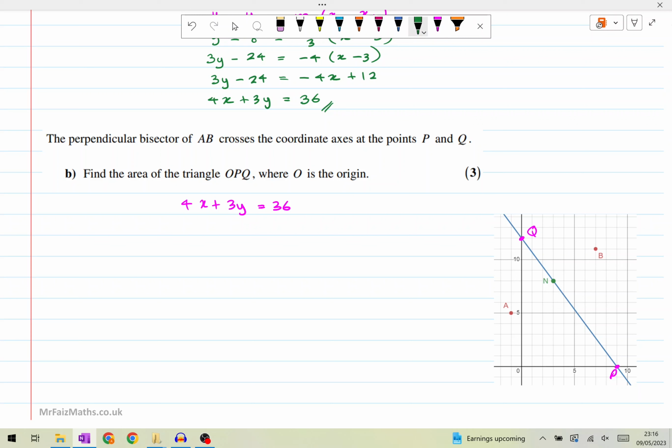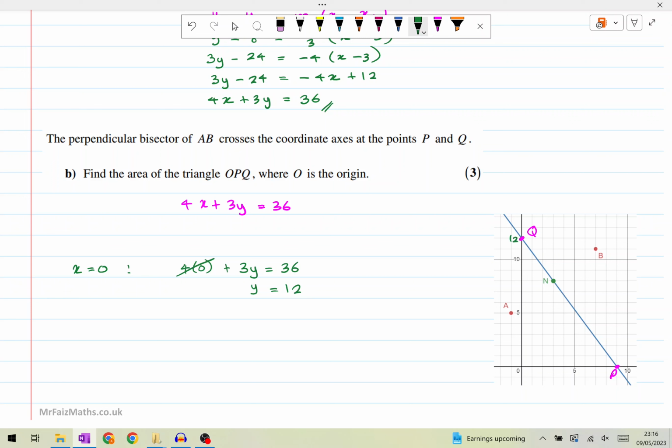To find where it crosses the y-axis, I'm just going to put x equal to 0. So 4 times 0 plus 3y is equal to 36. The 4 times 0 is just 0, so 36 divided by 3 gives you y equals 12.